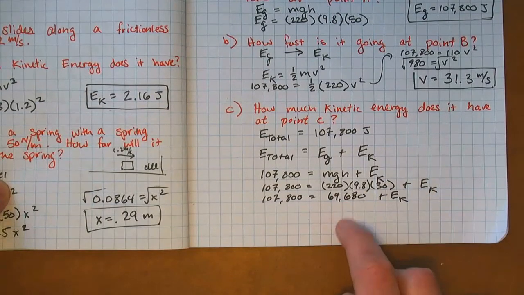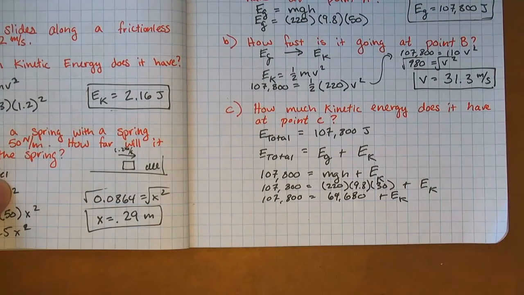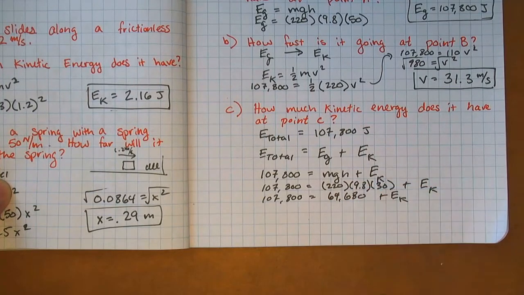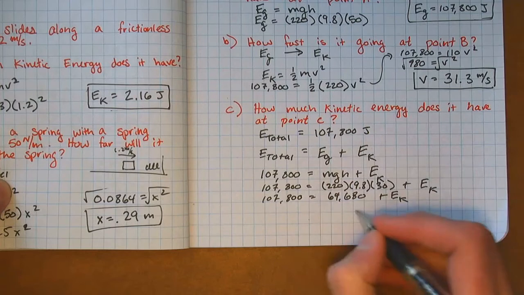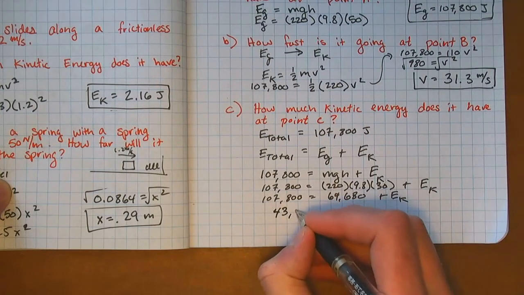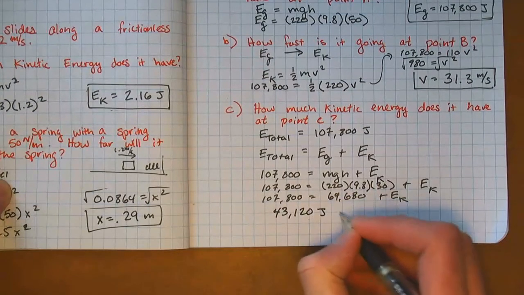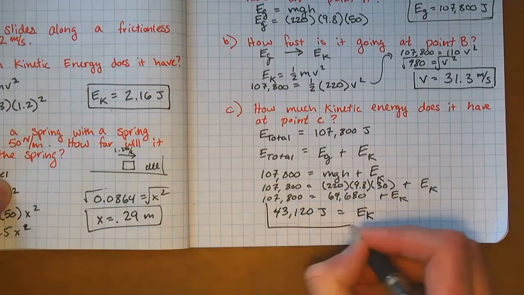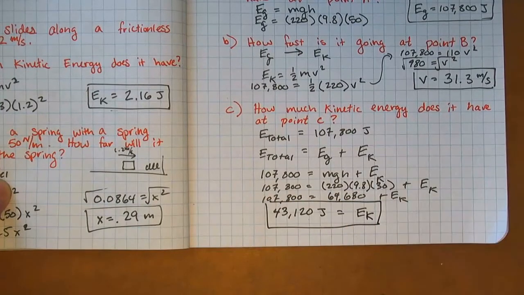Now I can subtract that over. I've got my 107,800 minus the 64,680, and I'm going to get 43,120 joules is equal to my kinetic energy. And there we go.